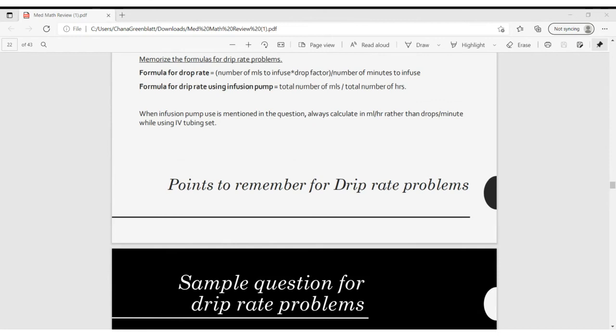And the drop factor, drops, are always GTT. And your answer will always be in GTT per ml. And this formula is not to be confused with the IV ml rate. I will just put it in the chat if you are writing all the things down and you want them side by side so you can compare there in the chat.